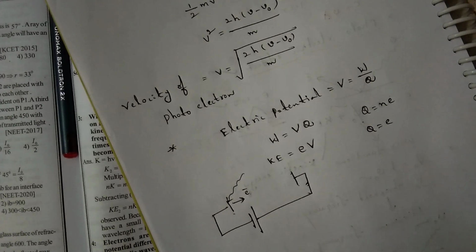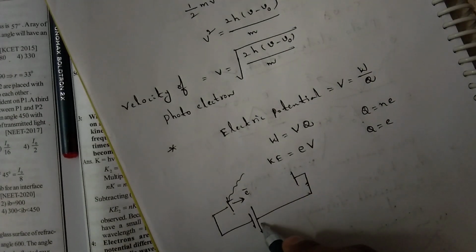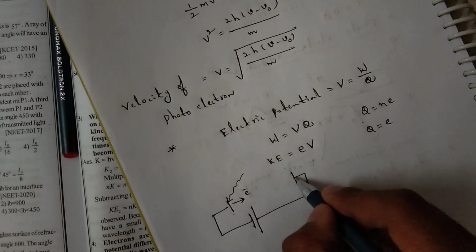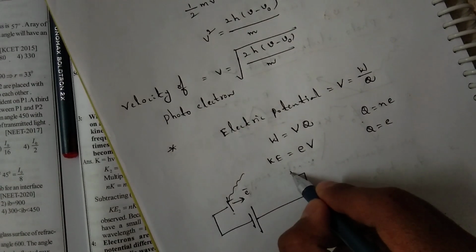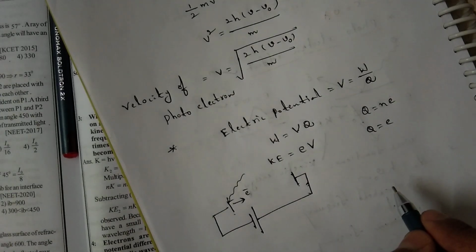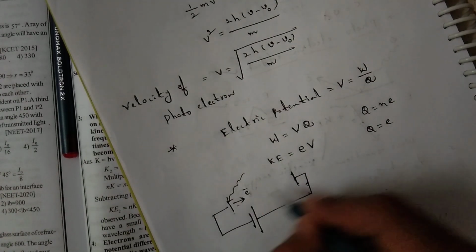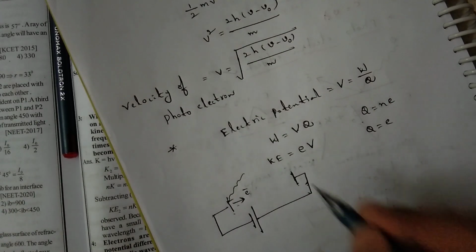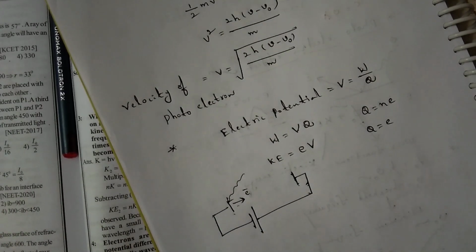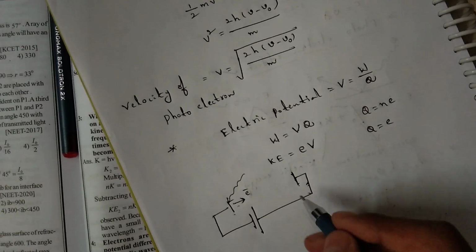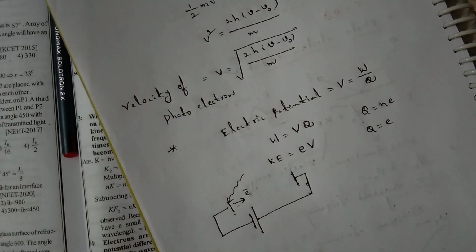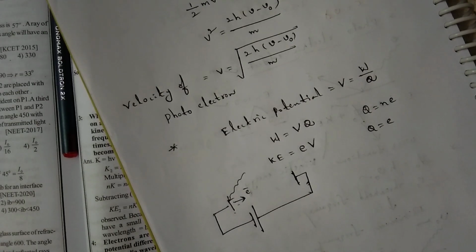So thereby here what happens? When you increase the negative potential or decrease the positive potential, the number of electrons reaching the anode gradually decreases. Fewer electrons reach the anode.